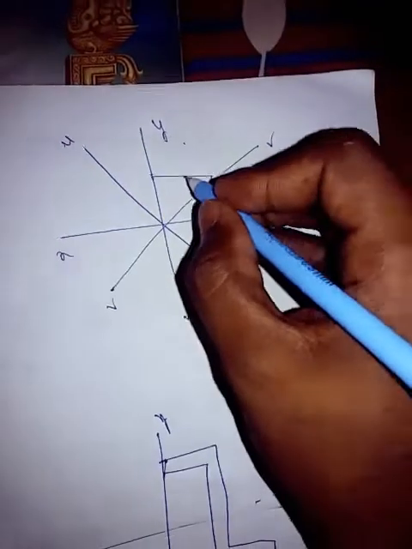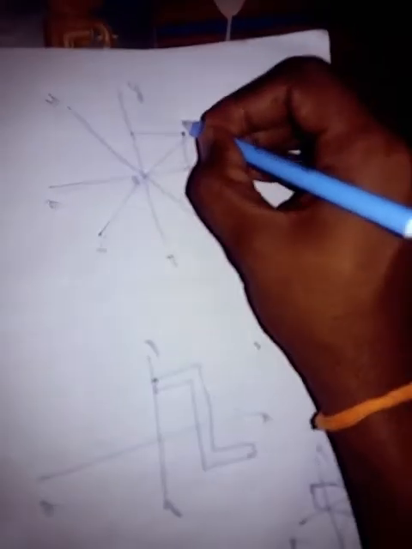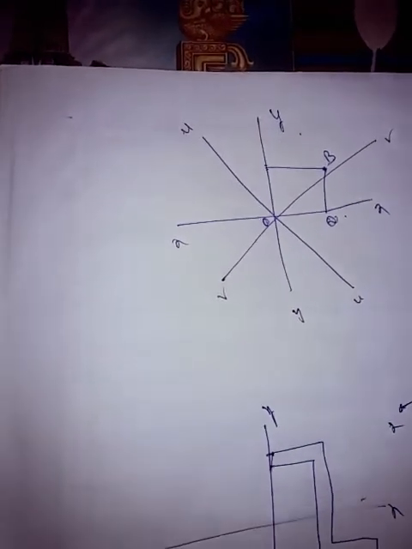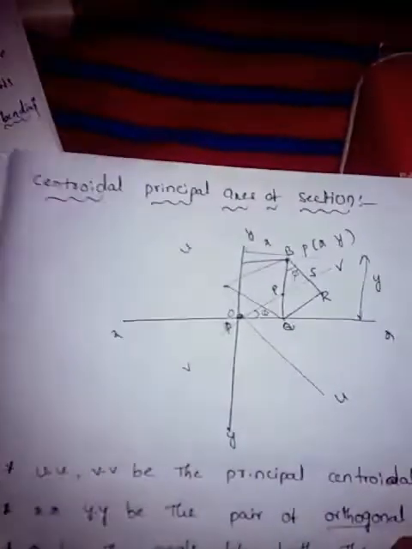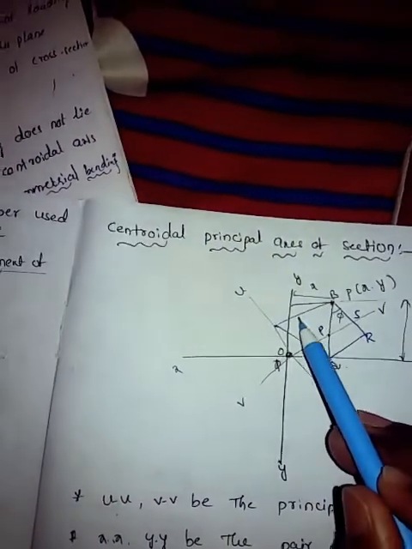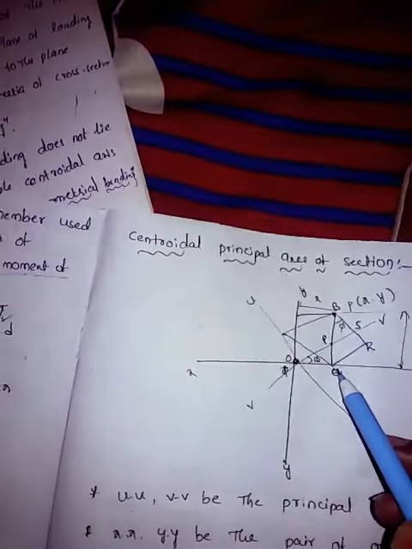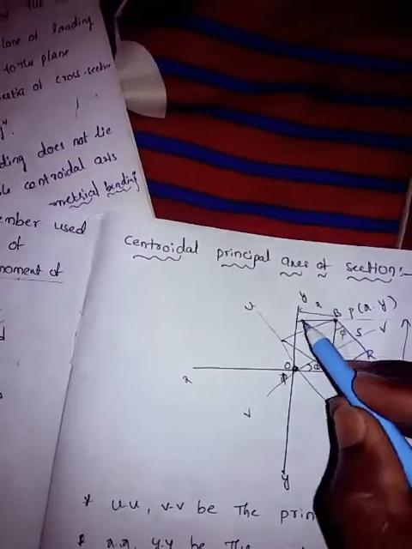It is a rectangle with center point O, point B, and point Q. Certain load can be applied and the rectangle can be converted. See this diagram, the rectangle can be converted. First of all, the rectangle OQBC.